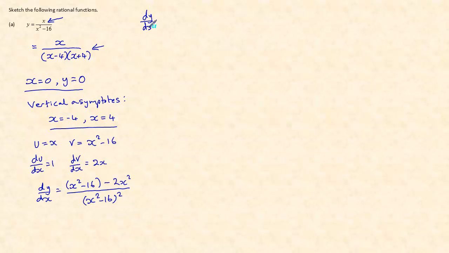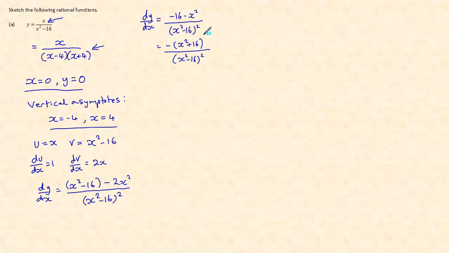So dy dx is equal to negative 16 minus x squared over (x squared minus 16) all squared, which we could write as the negative of (x squared plus 16) over (x squared minus 16) all squared.